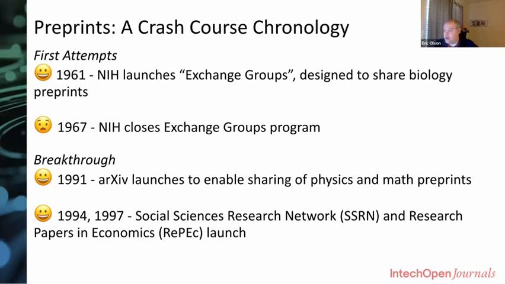And then arXiv launched in 1991, and that really started an explosion. arXiv is still around and is still extremely visible and successful and has lots and lots of preprints in their area of physics and math. And a few years later, we start seeing ones again that are still around and are still very popular: the Social Sciences Research Network and Research Papers in Economics, which have the same concept of being able to share papers early within their areas of interest.